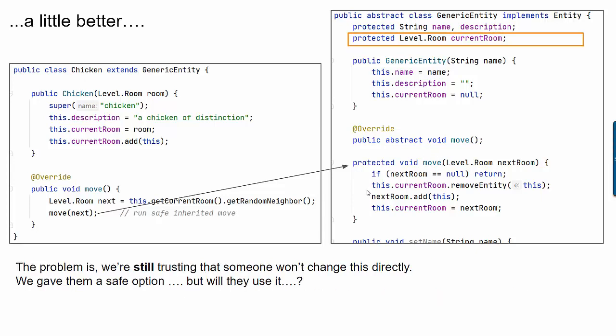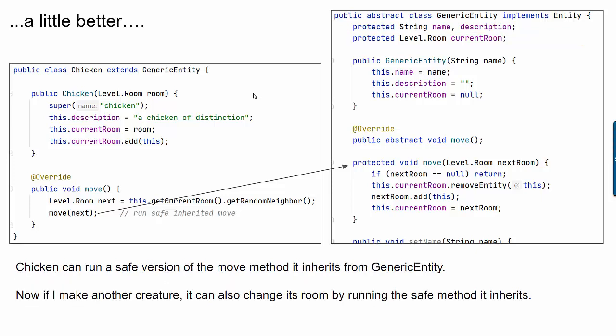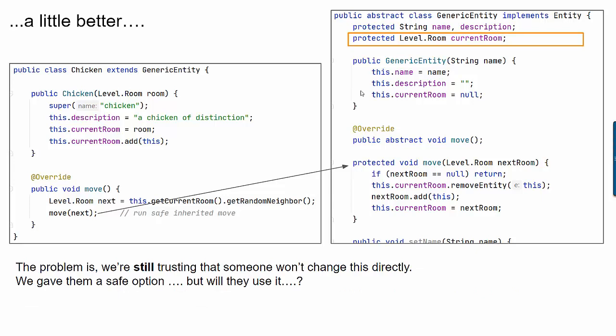But the reason it's not great yet is this: the current room variable is protected. That means that even though we've made this nice, safe movement method available to any children that extend generic entity, we're still not preventing them from doing the wrong thing.